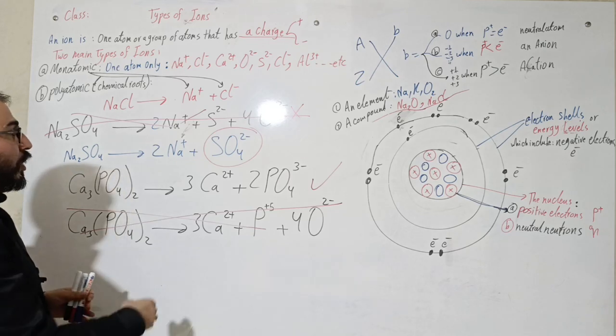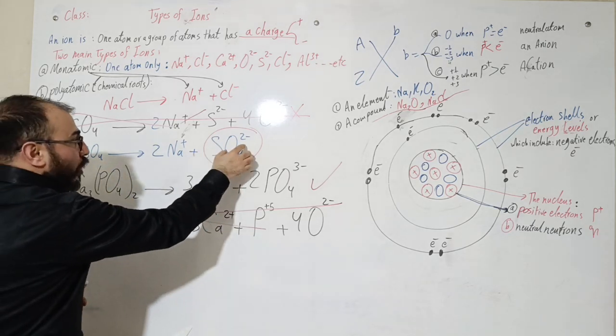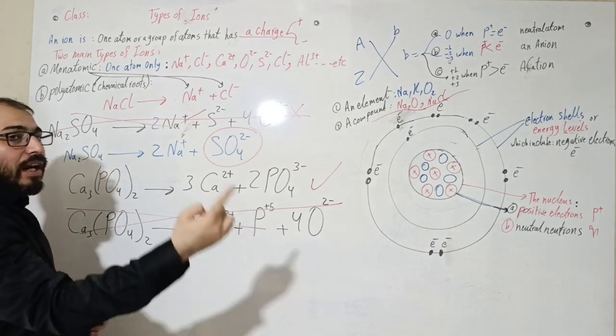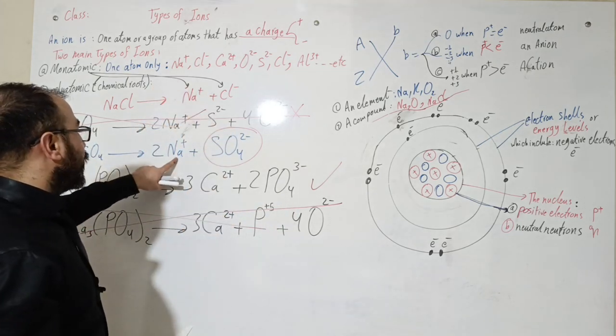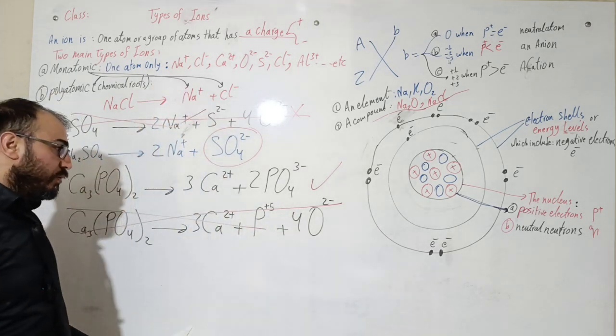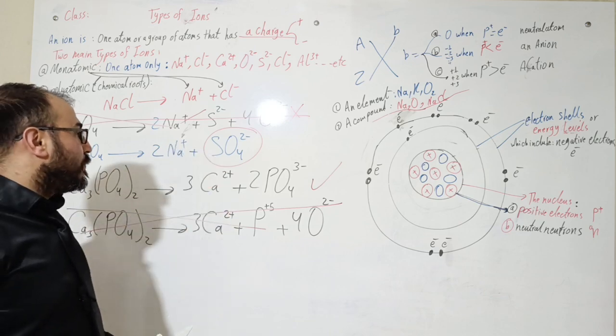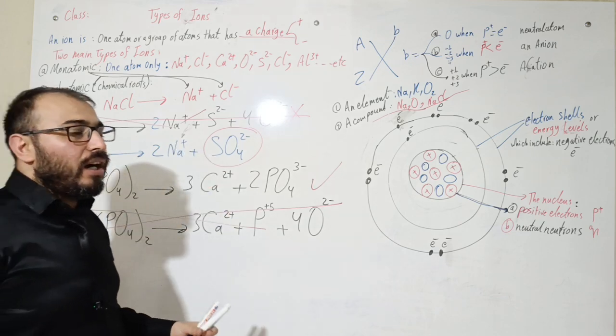For example, here we deal with SO4, all of them, those are 5 atoms. We deal with them like one ion, as we deal with one atom of sodium, simply because they refuse to be separated from one another ionically.